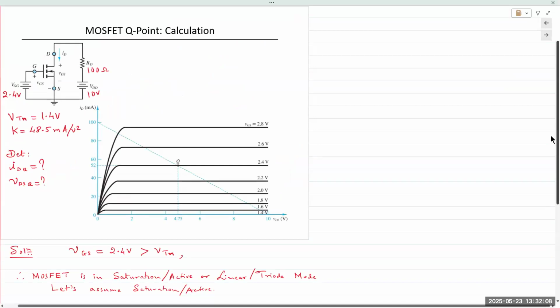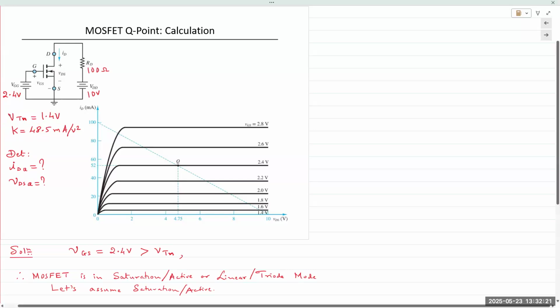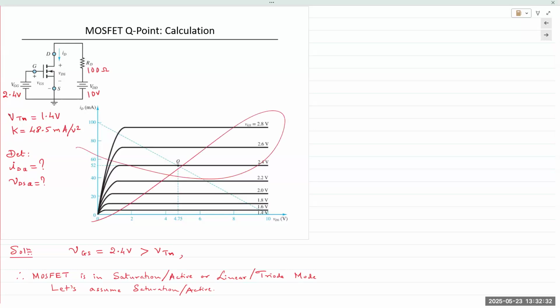This time we are provided with a threshold voltage of 1.4 and a K parameter value of 48.5 milliamps per volt square. VTN and K are provided. You're asked to find ID and VD. So let's say you didn't have the characteristics available. There's no other way except analytical calculations.